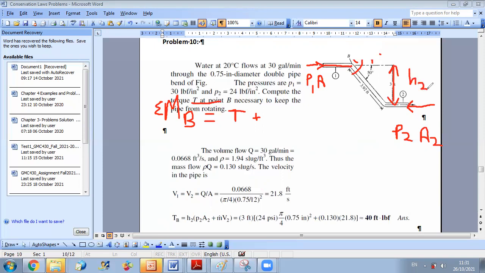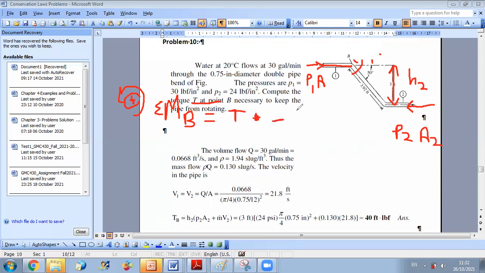As you can see here, this force is tending to produce a clockwise moment about B. Since I consider the counterclockwise as positive, I should put now a negative sign for the moment of the pressure force.